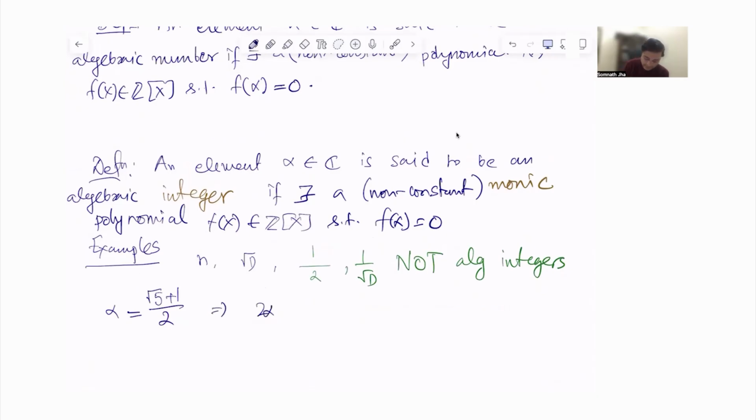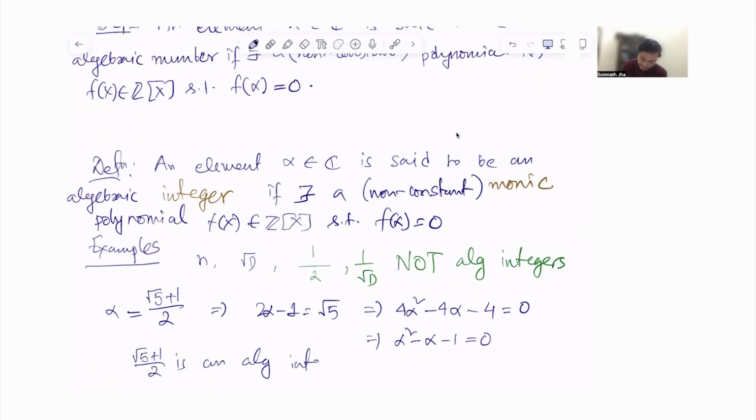This implies 2 alpha minus 1 equals root 5, so 4 alpha squared minus 4 alpha minus 4 equals 0, or alpha squared minus alpha minus 1 equals 0. So this satisfies a monic polynomial, so root 5 plus 1 by 2 is an algebraic integer.